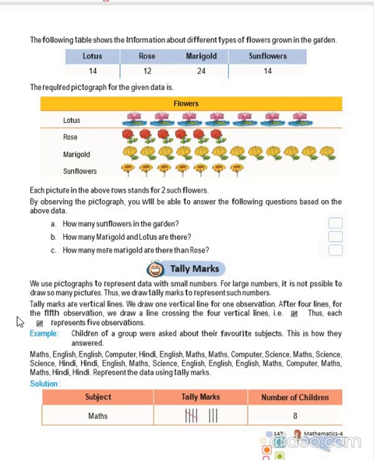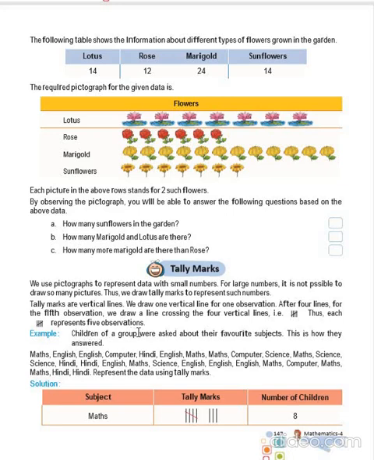Tally marks are vertical lines. We draw one vertical line for one observation. After 4 lines, for the 5th observation, we will draw a cross line like this, which will represent the 5 observations.